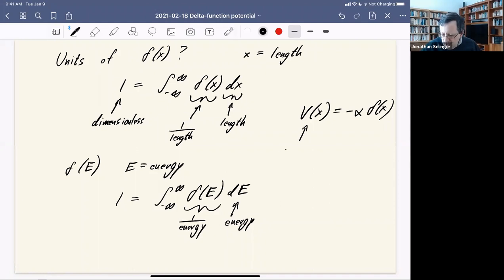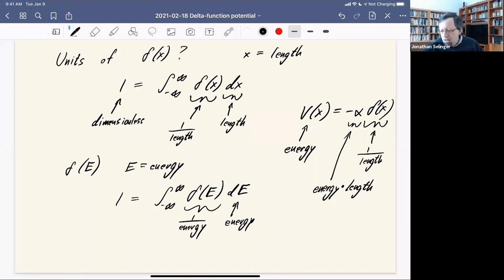V of x is an energy. Delta of x has units of 1 over length. So that tells us that alpha has to have units of energy times length.